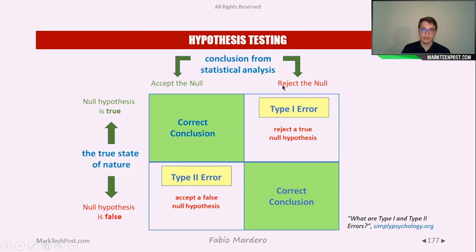The same if we reject the null hypothesis and the null hypothesis was effectively false. But we make a type 1 error if we reject a true hypothesis, and we make a type 2 error if we accept a false hypothesis.